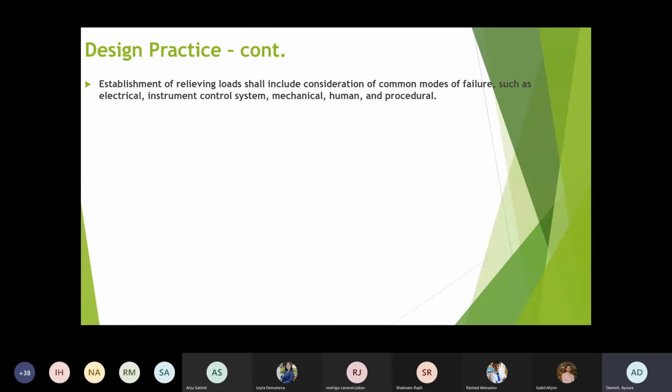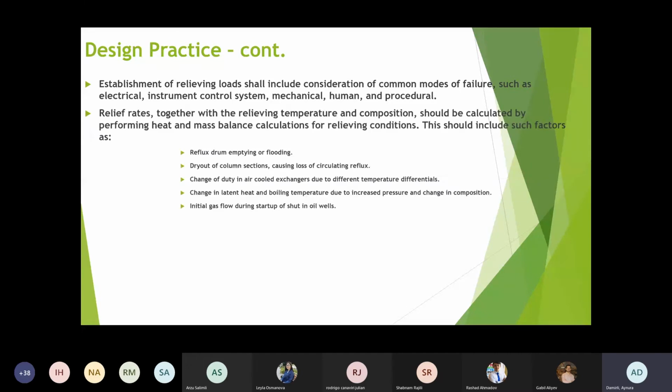Another point during designing is relief rates, together with relieving temperature and composition, which should be calculated by performing heat and mass balance calculations for relieving conditions.